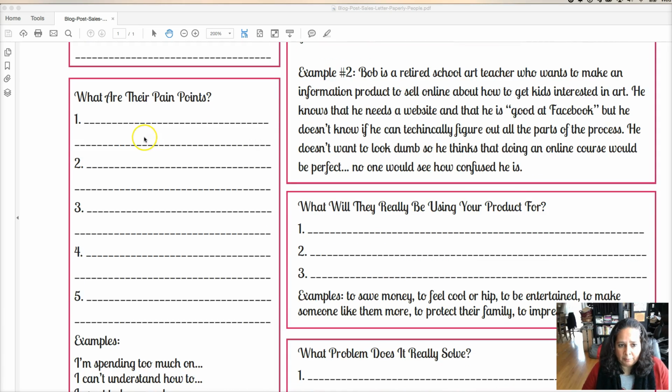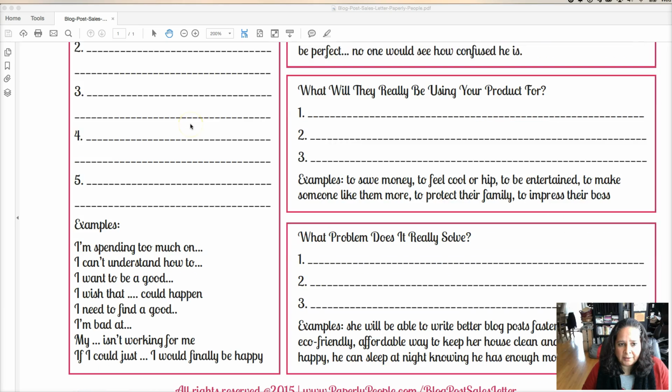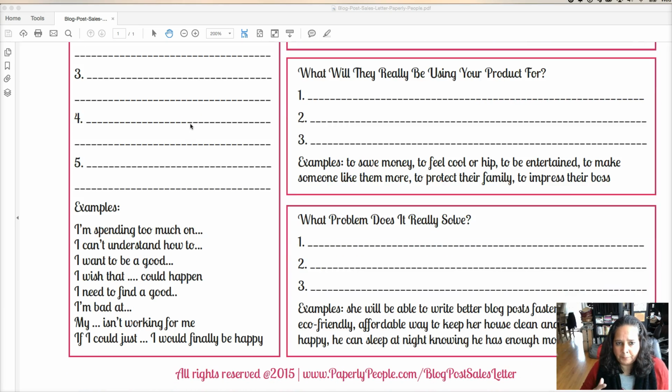Okay, what are their pain points? These are the things that they don't have right now that your product will help to solve. So it could be that they're spending too much money on Swiffer refills. They don't understand how to effectively market on the internet. She wants to be good at making jewelry or how to paint.